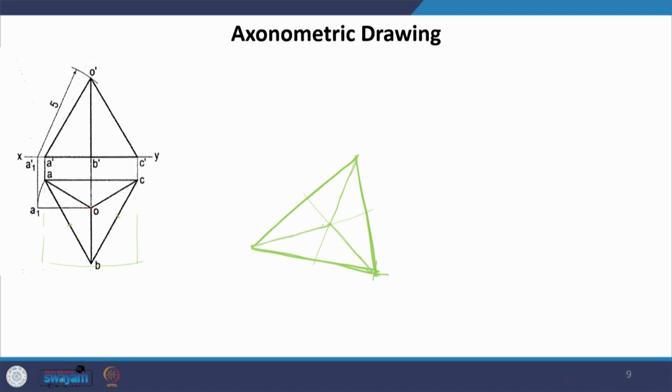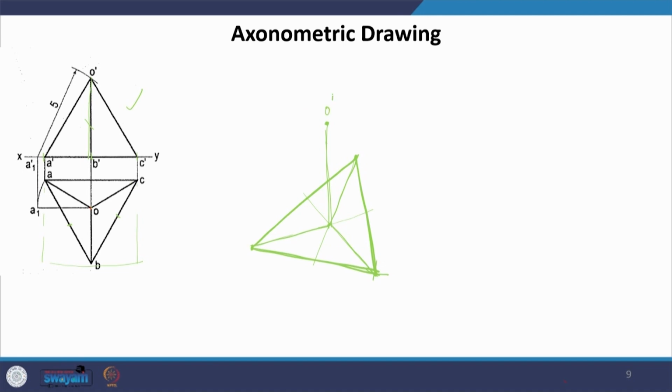This is the point O. Now, if we look at it in elevation here, we can see that A, B and C, which is these 3 points, they have 0 height. So, they are going to be where they are, and this point O has a certain height which is this. So, I am going to give this point O a certain height which is, say, this. This is the point O dash.